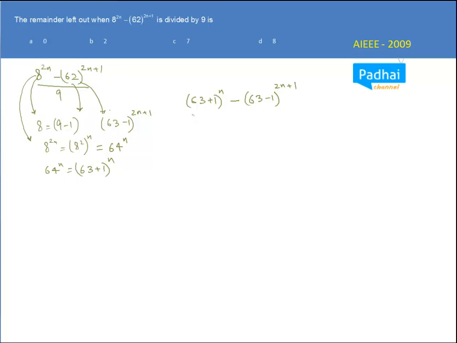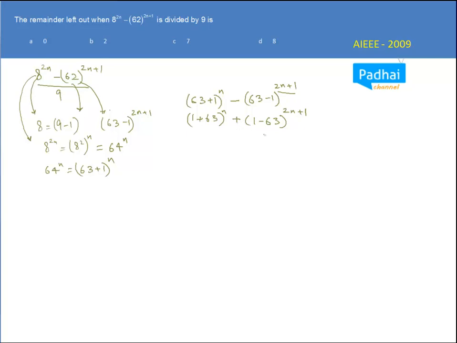Now if I write this as 1 plus 63 raised to power n, this is one and the same thing, and if I take minus inside, because this is an odd power, so minus will remain minus inside, so this will be minus 1 minus 63 raised to power 2n plus 1. Okay, so I can take the power in this fashion as well.